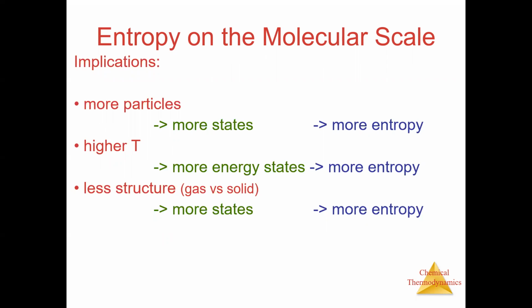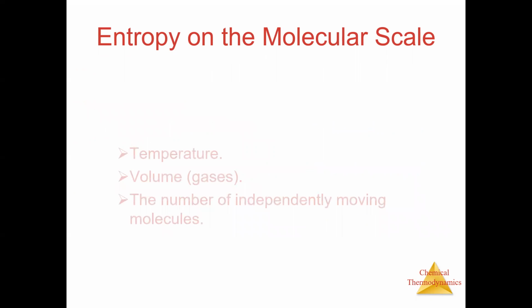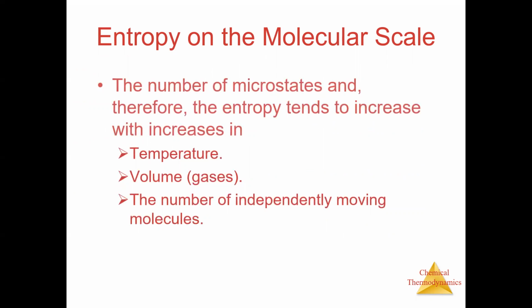Higher temperature, more entropy. Less structure, gas versus solid, so gas has more entropy. The number of microstates, and therefore the entropy, tends to increase with increase in temperature, volume, and number of independently moving molecules.